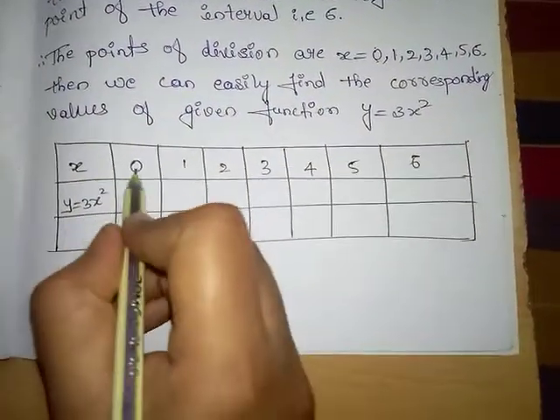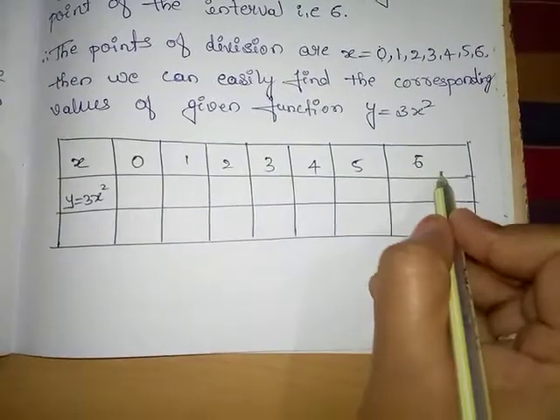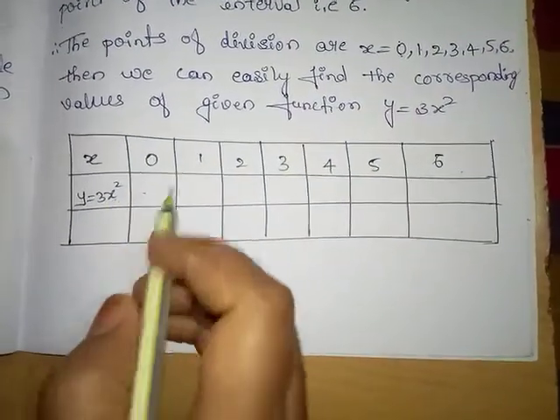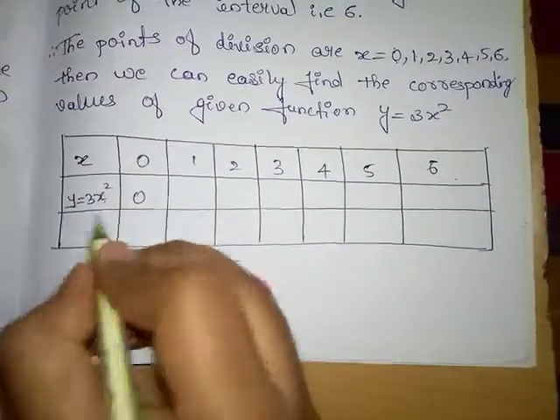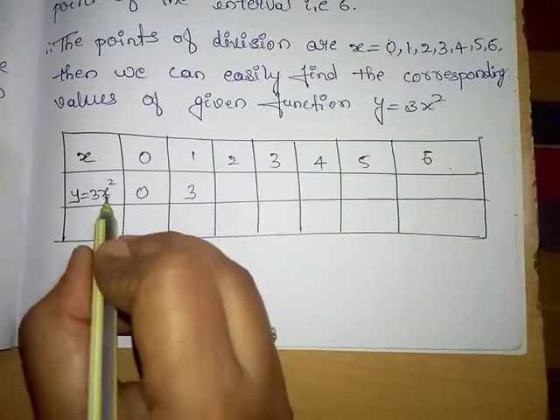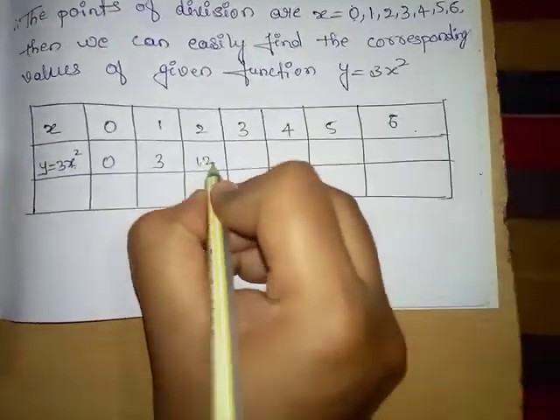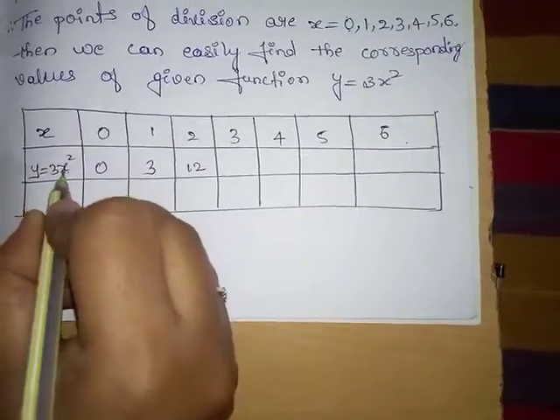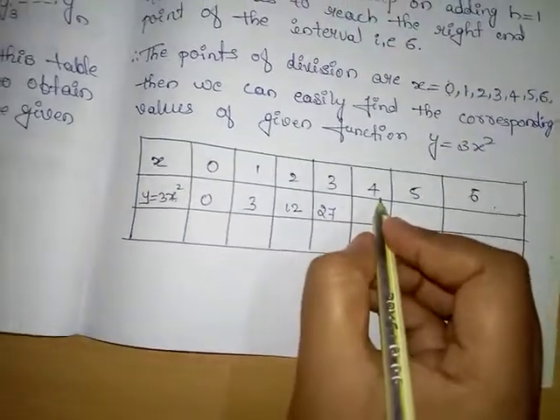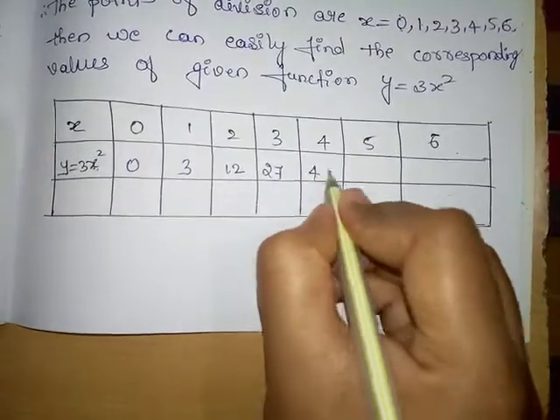See here x values are 0, 1, 2, 3, 4, 5 and 6. First here substitute x as 0, we get 0. Then substitute x is equal to 1, we get 3. Substitute x as 2, we get 12. Substitute x as 3, we get 27. Then substitute x as 4, we get here 48.